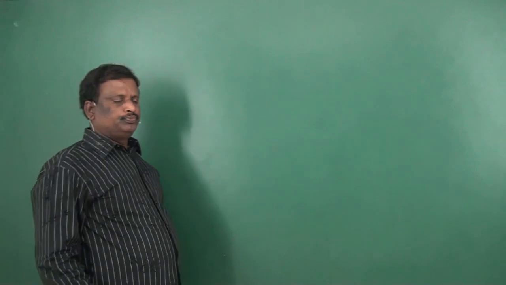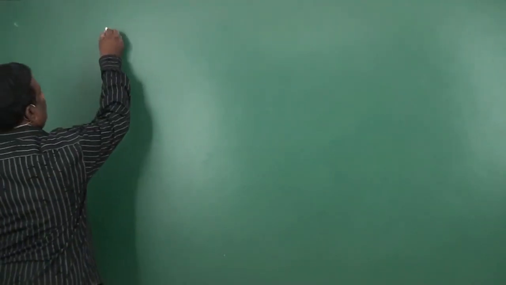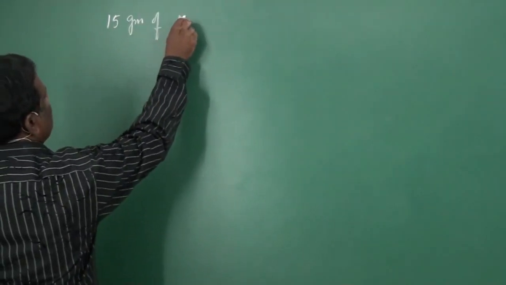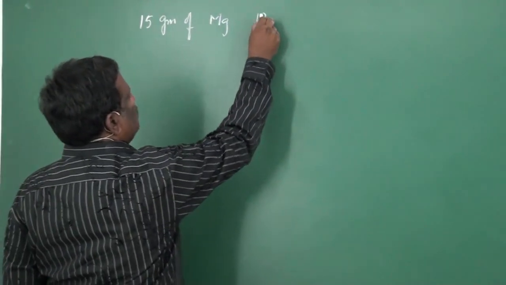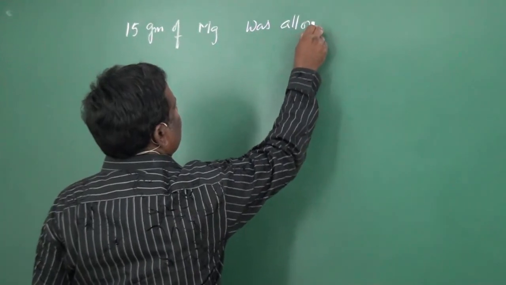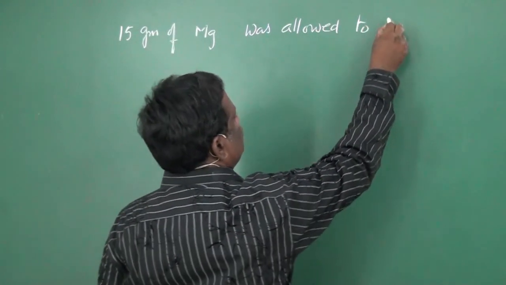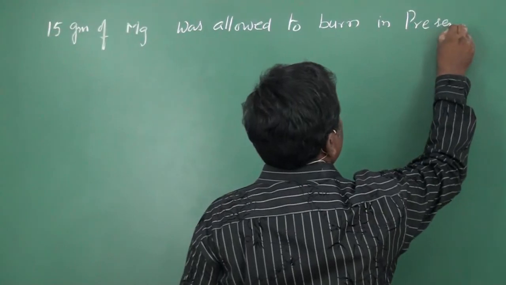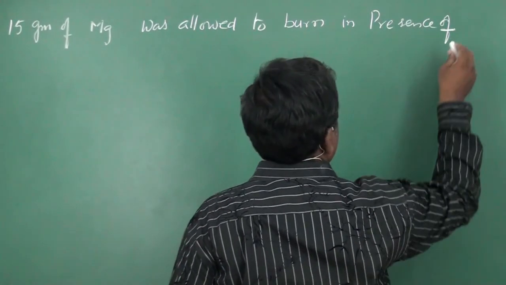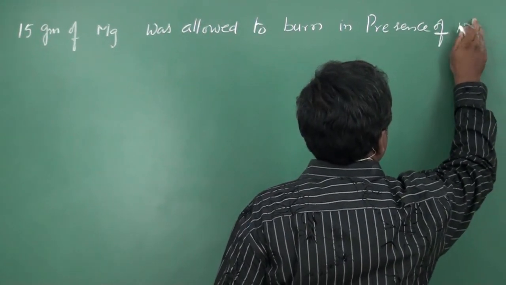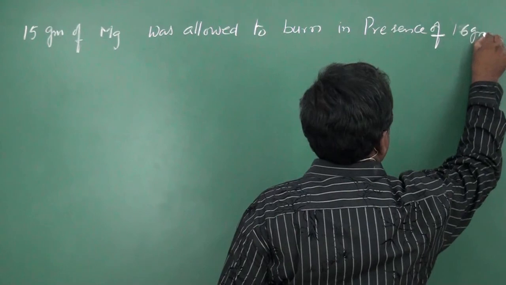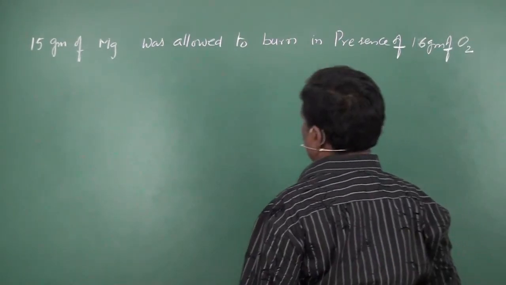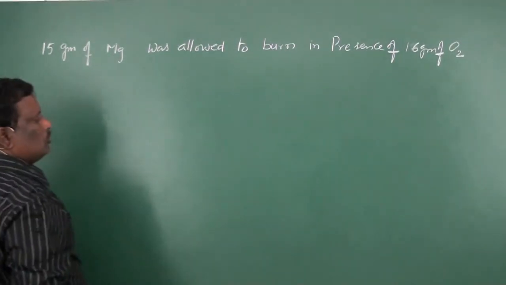Now, note down another problem. 15 grams of Mg was allowed to burn in presence of 16 grams of O2.